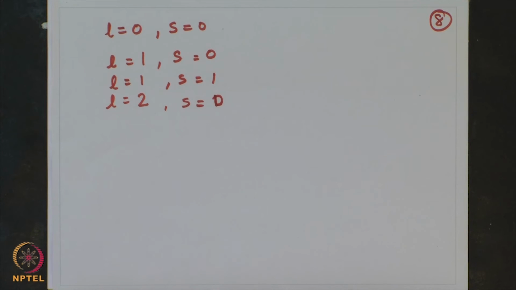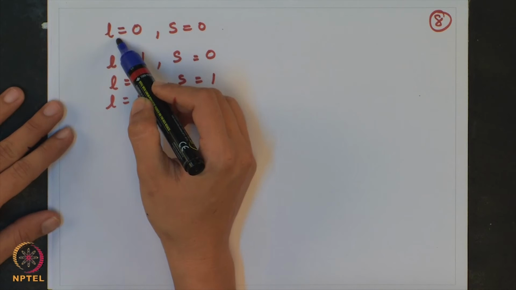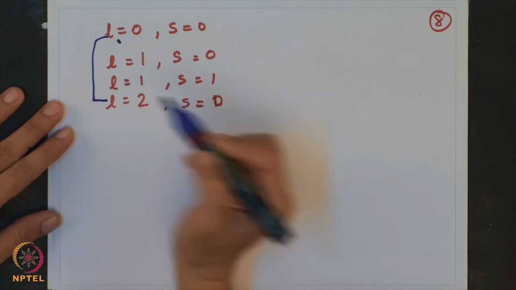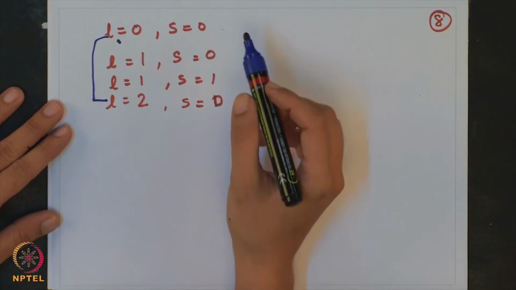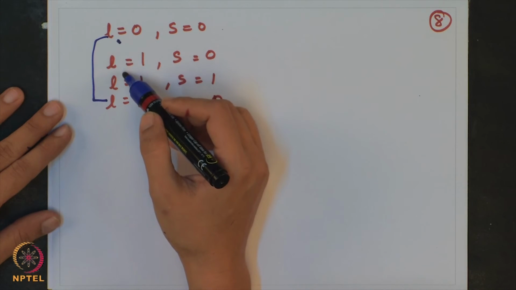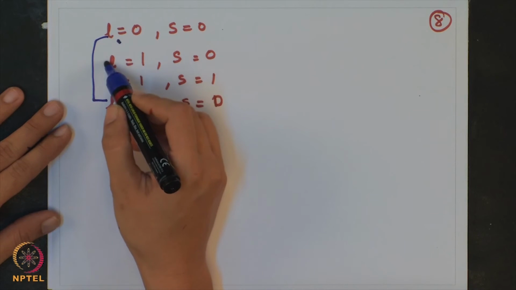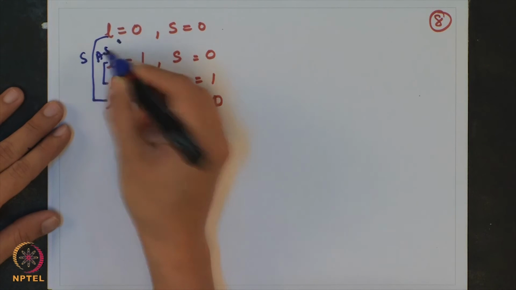Okay. So, out of these combinations, L is equal to 0 and L is equal to 2 are symmetric combinations, and L is equal to 1 is antisymmetric.